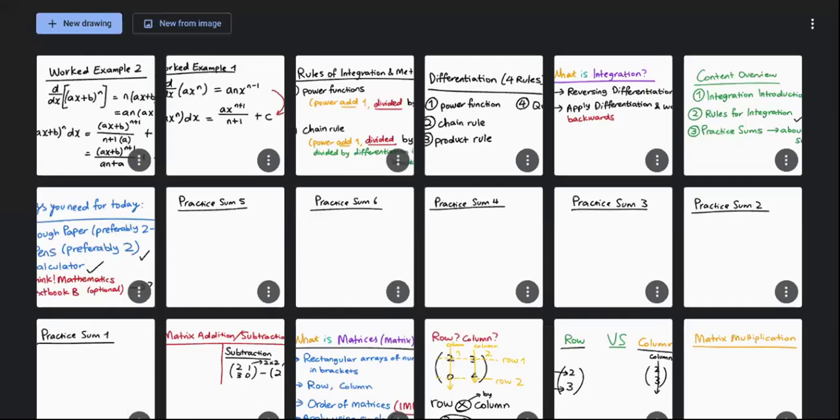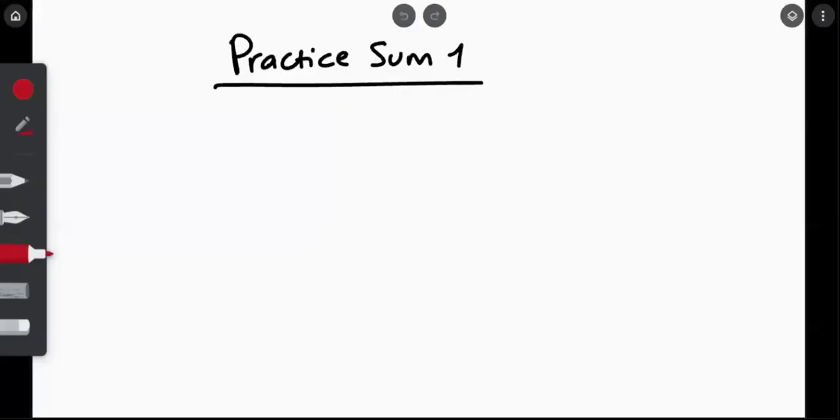So now I'll give you all some practice sums to try. Okay, the first practice sum, I will go easy on you. Can you all find this? I only want this. Okay, I'll give you all about 2 minutes to try this question. All right, here we go.